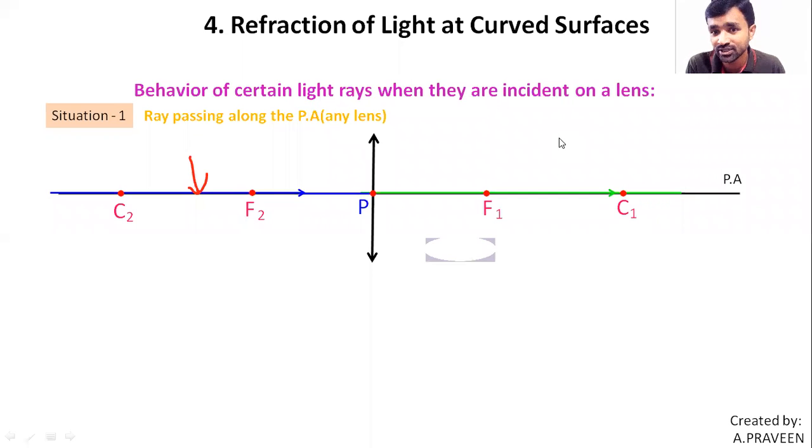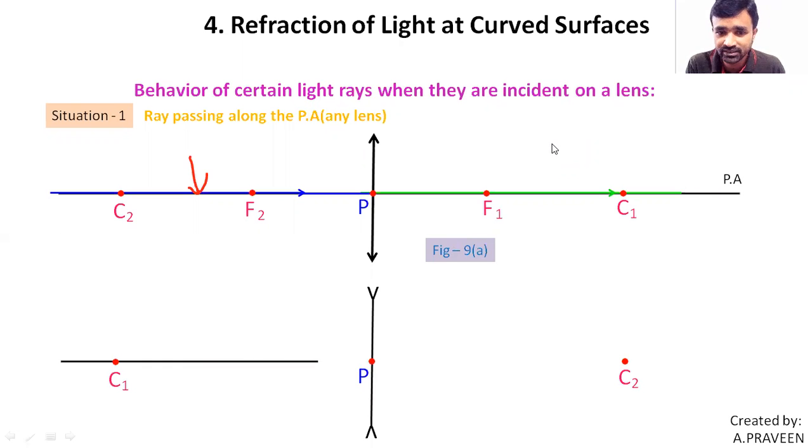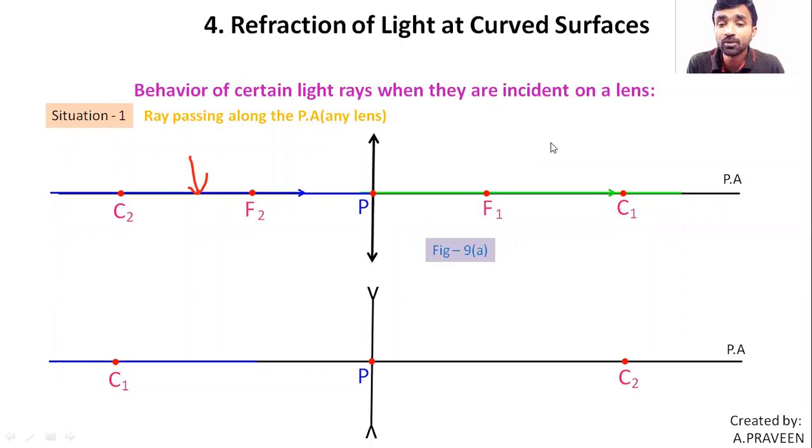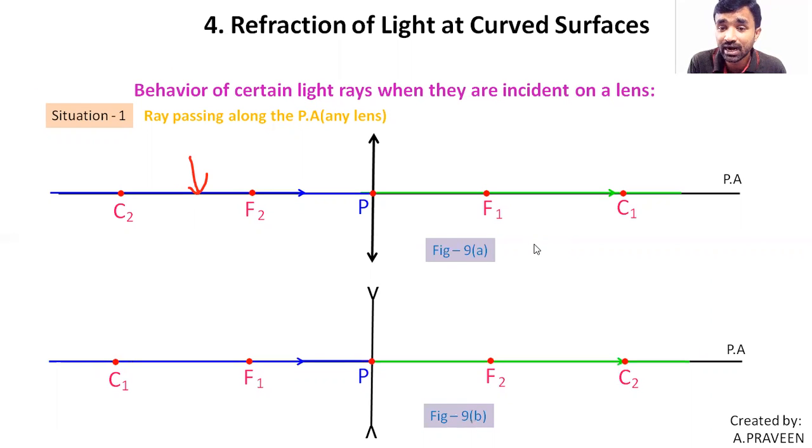In case of concave lens, you can draw the same pole, center of curvatures identification, then connecting them called the principal axis. After that, identifying the focal points, right? So here, incident a light ray along the principal axis on the double concave lens. After refraction, it also remains undeviate.